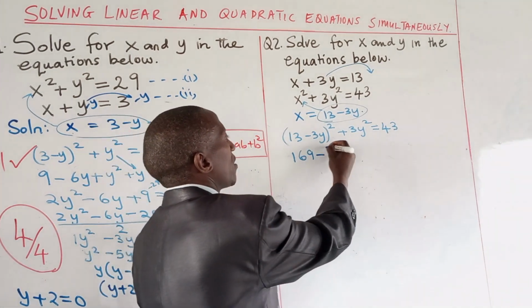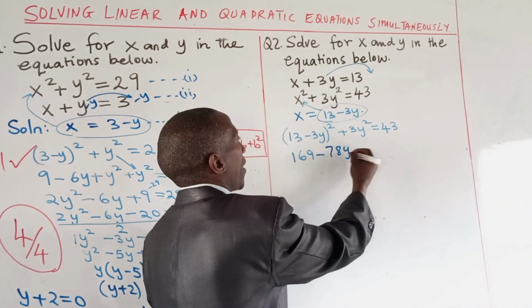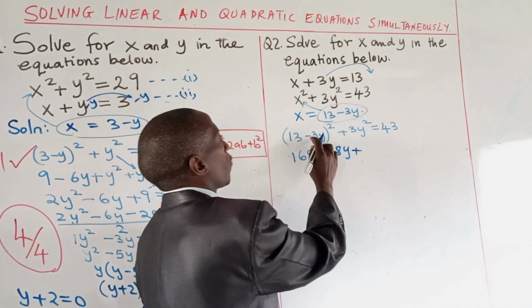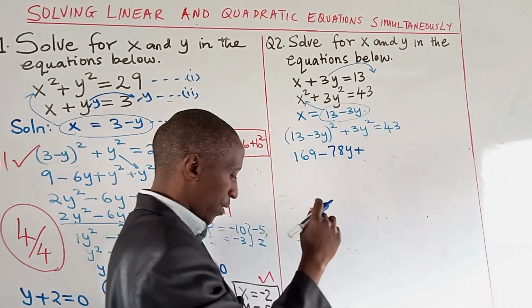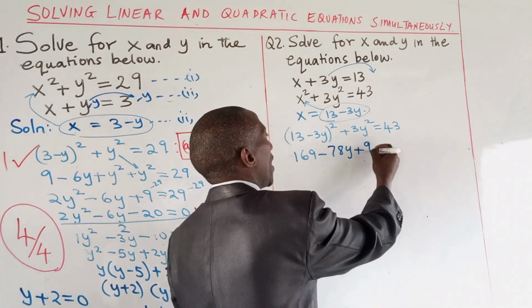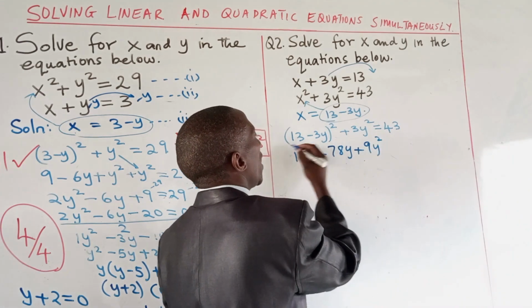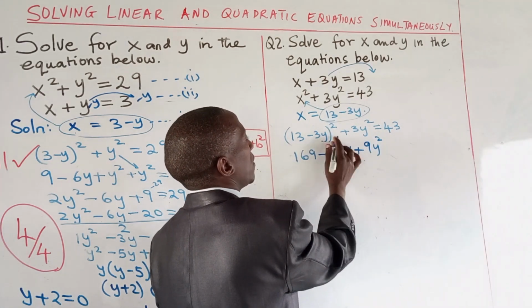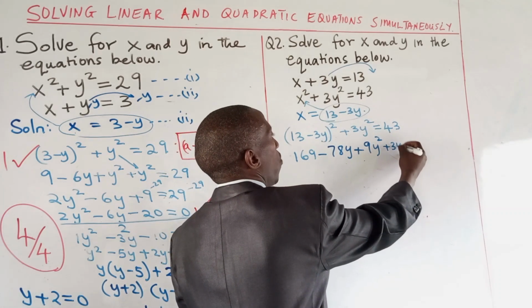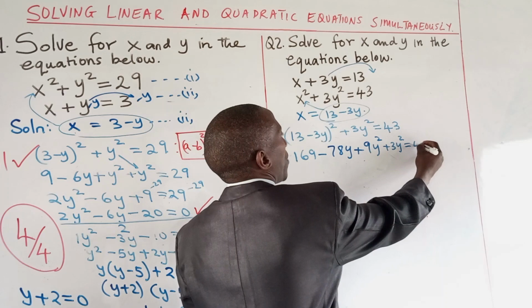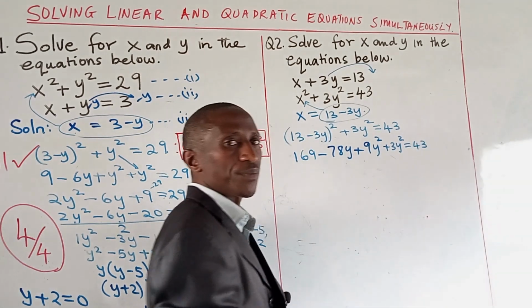And that gives us 78y plus negative 3y. If we square that, we get positive 9y squared. So that portion is for this part. We need to add the 3y squared, and that comes to be equal to 43.